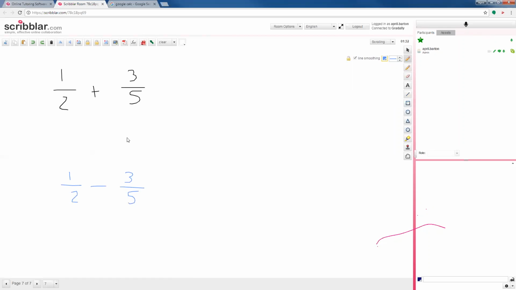So the easiest method of adding fractions is you make them have a common denominator by multiplying by the denominator of the other fraction. I know that sounds hard, but basically we say, okay, 1/2, I'm going to multiply that by 5. That's the bottom of the fraction that is not 1/2. And 3/5, I'm going to multiply that top and bottom by 2. That's the bottom of the fraction that's not 3/5.